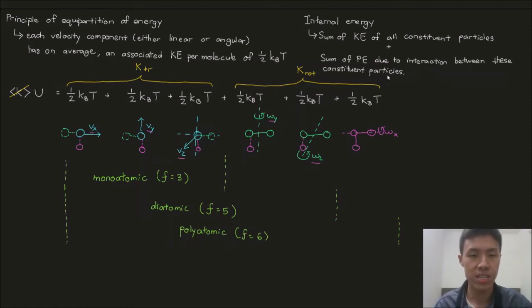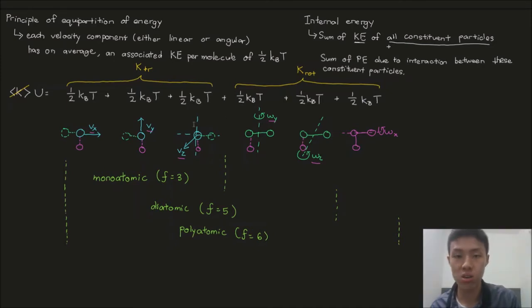Since for kinetic energy we are asking for all constituent particles, we are not doing it per particle anymore. It's for the whole gas system. So we should take all these 6 things here, and if you add them up together, it will be the kinetic energy of a gas molecule on average.